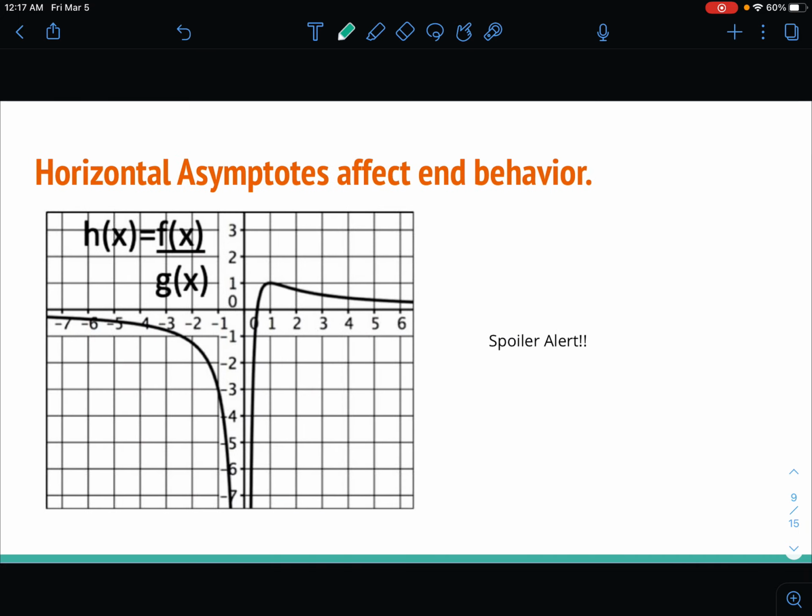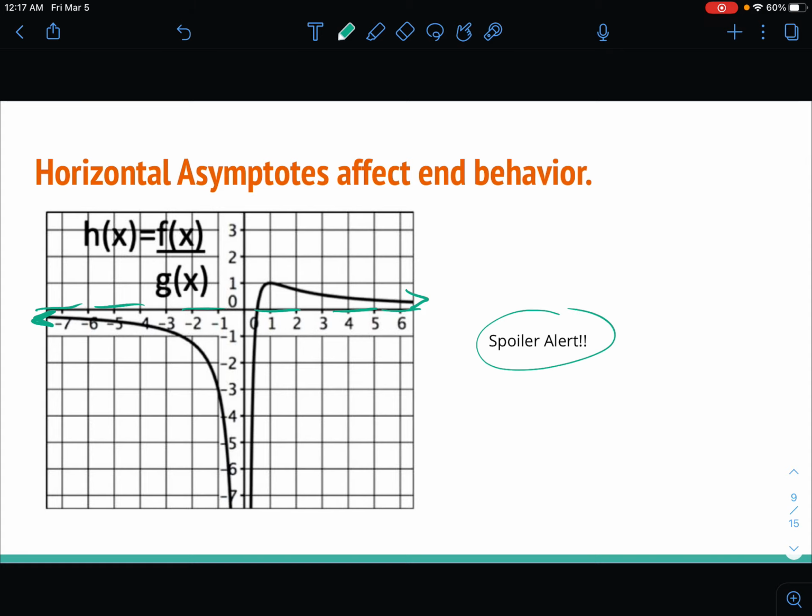Okay, so horizontal asymptotes affect the end behavior. So let's say this is our horizontal asymptote. The end behavior as x goes to infinity is getting very close, infinitely close to, in this case, the x-axis. And same thing if we look at the end behavior right here, as we have x values getting closer and closer to negative infinity.